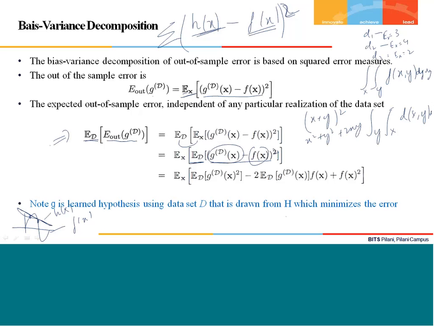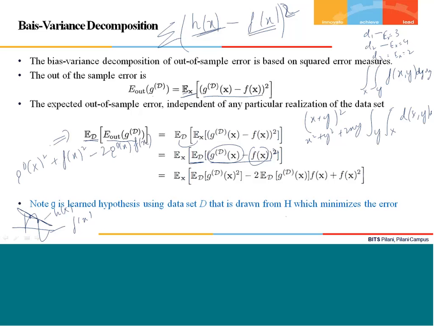When we open it, it is g_D(x) square plus f(x) square minus 2 g_D(x) f(x). So the formula is like this: g_D(x) square plus f(x) square minus 2 g_D(x) f(x), right?